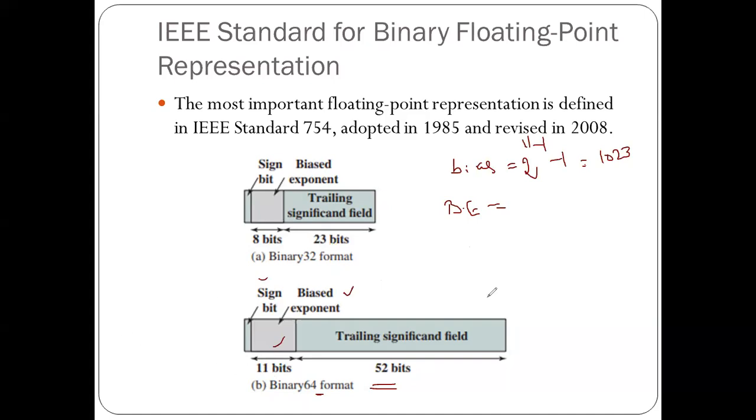So if we take these out, then we may have biased exponents which range from 1 to 2046. Am I right? Am I correct? Yes, ma'am. So 2 power 11 is 1024 into 2.